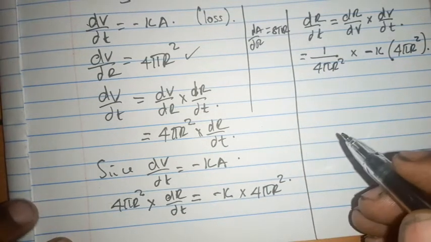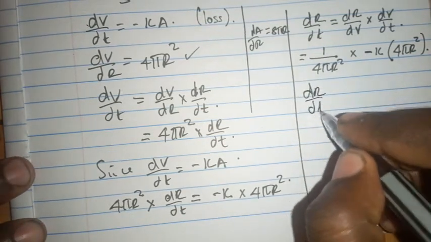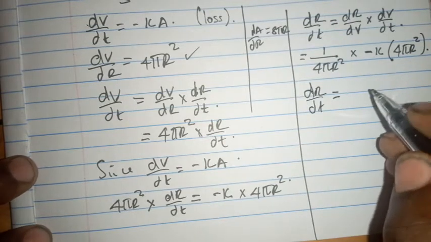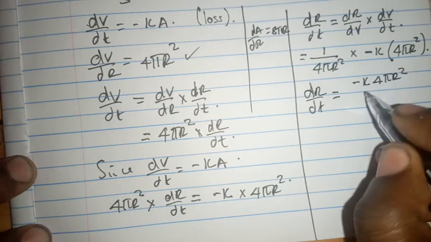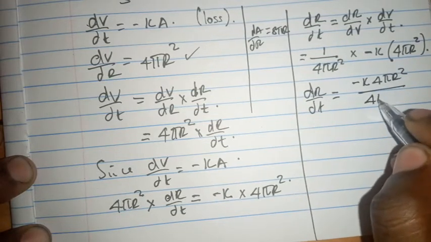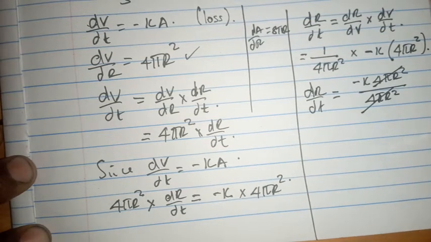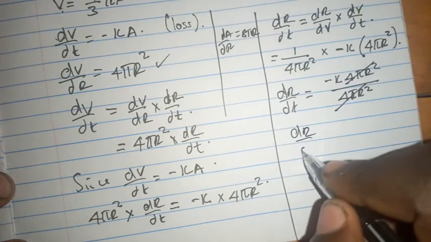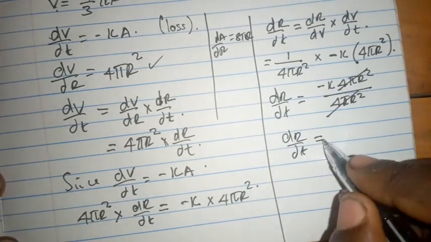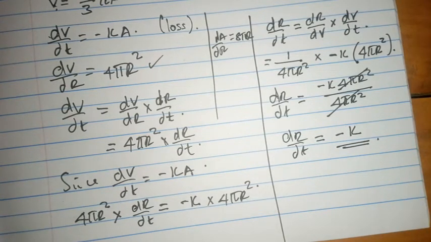This is now dr/dt. So dr/dt is minus k times 4 pi r squared all over 4 pi r squared, and you cancel the whole of that, and dr/dt is easily minus k. That is the rate of change of radius with respect to time.